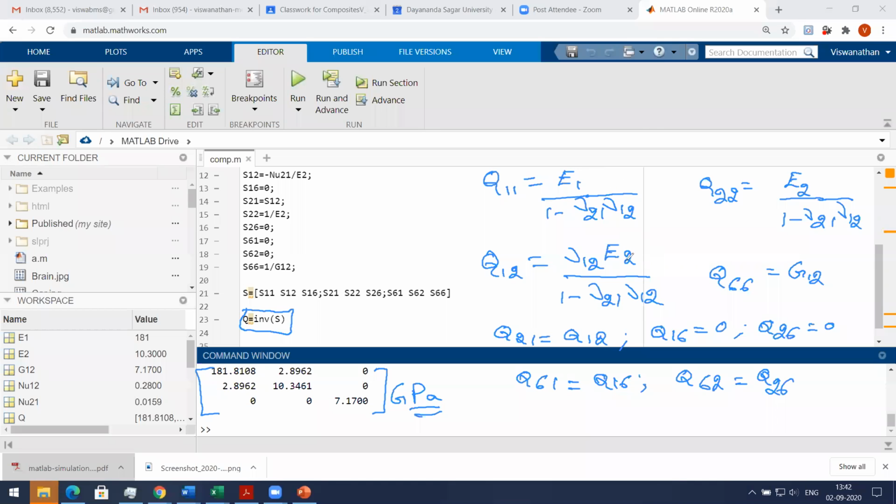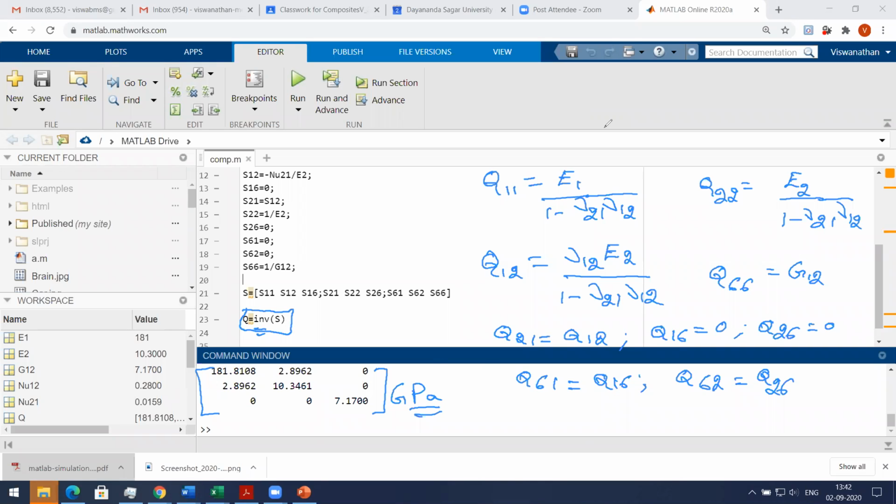So keep it in GPa if it is in GPa. So one way is to find the inverse of this, or use these formulas to find the reduced stiffness matrix. Clear? Any doubts in this? No, sir. No doubt, sir.